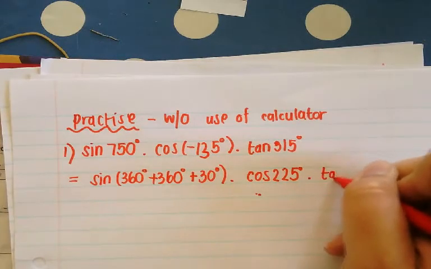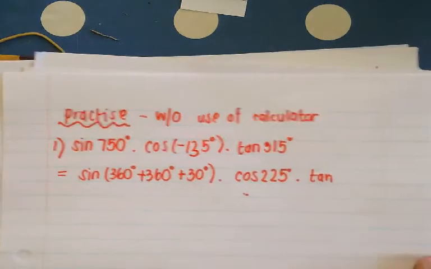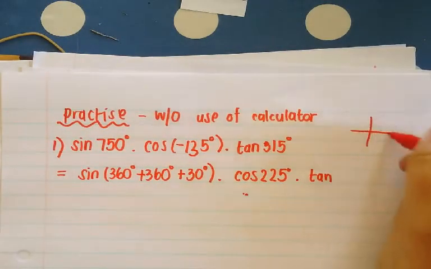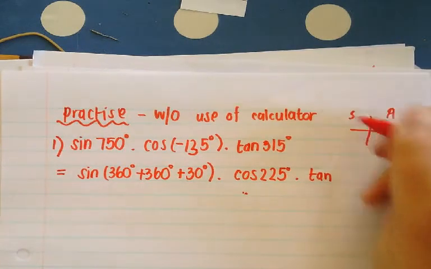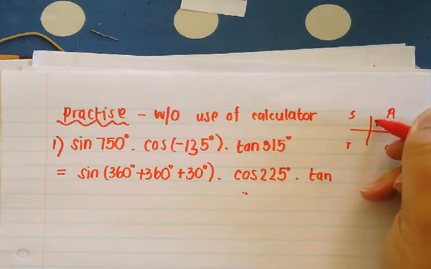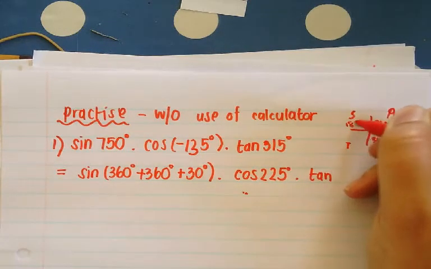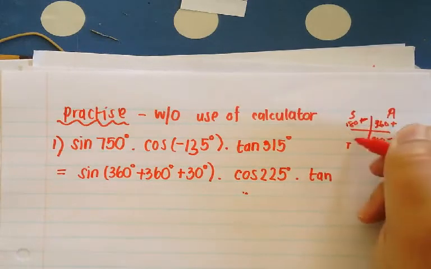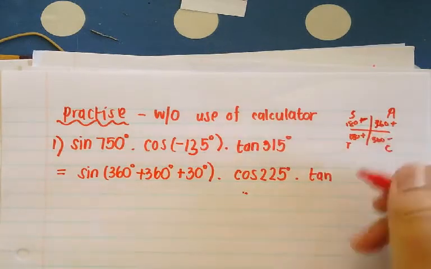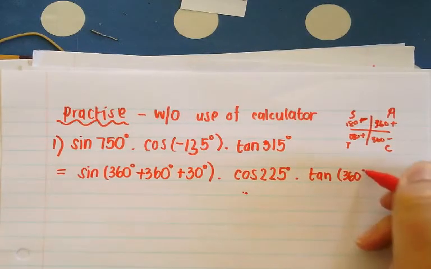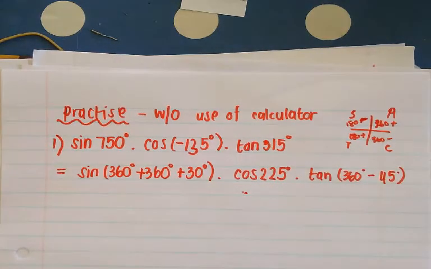And my tan 315, well, again I'm just going to draw myself a little CAST diagram because I have forgotten. 315 is in my fourth quadrant, so it is 360 minus, well, 45 gives me what I need.